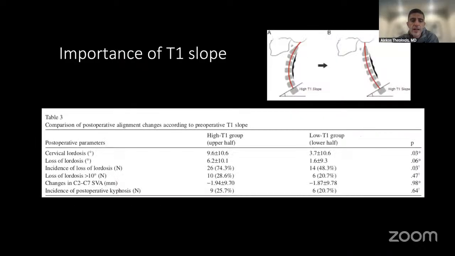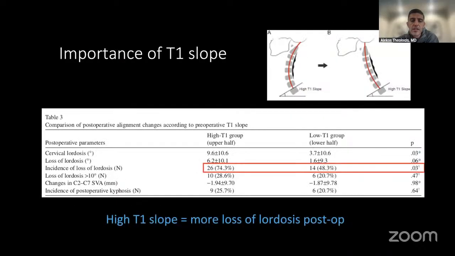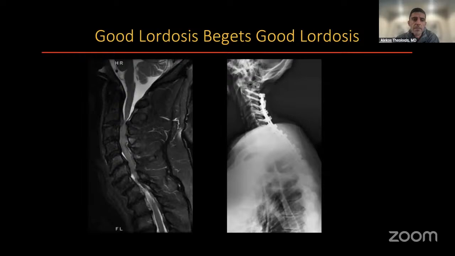And they did find that there was significantly more loss of lordosis postoperatively in the patients with a high T1 slope. You can see it in a diagram they provided in their paper of someone who started with good lordosis in the setting of OPLL, and then after laminoplasty decompensated, maybe back to their normal resting state rather than the compensation state. So this also may hold true for the posterior cervical fusions.